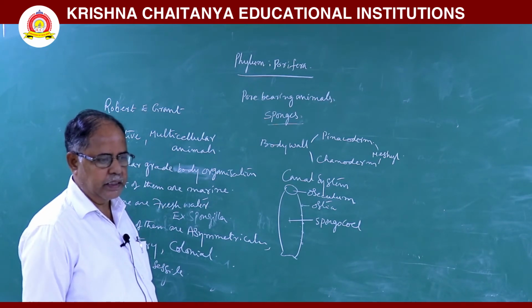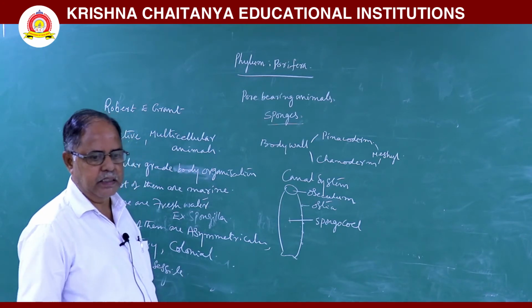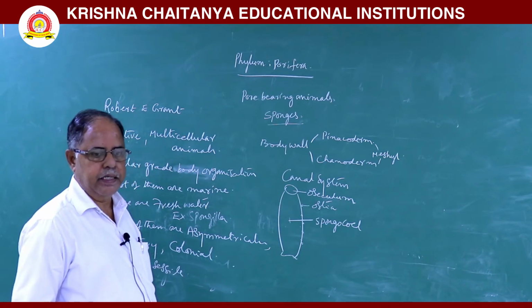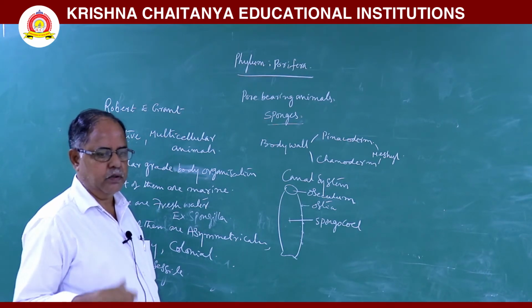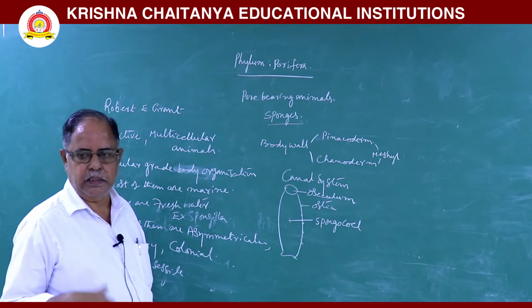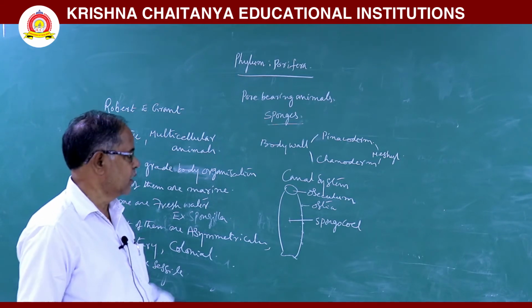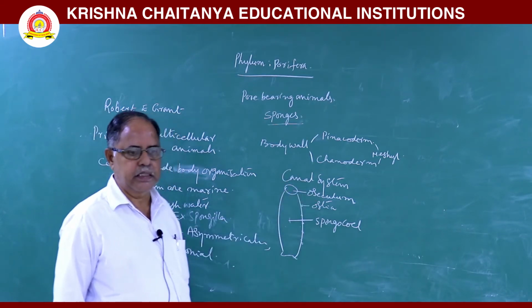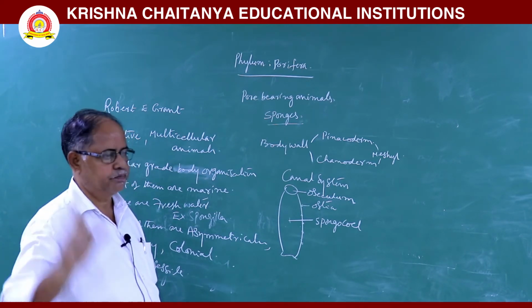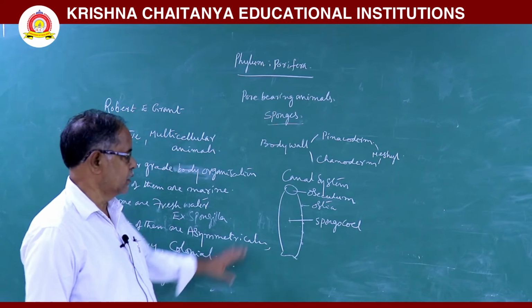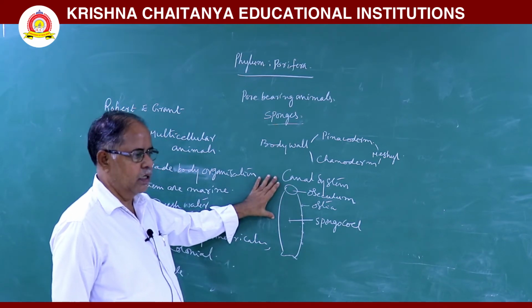Next, exchange of gases, that means respiration, and also it is used to eliminate nitrogen waste materials, that is called excretion. Totally, the functions of the canal system are nutrition, respiration, and excretion. This is about the canal system.